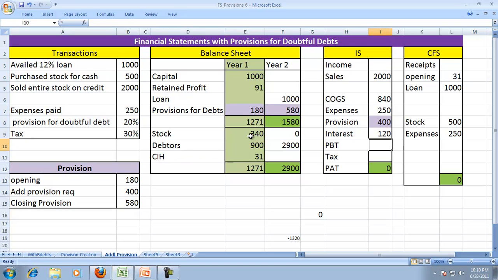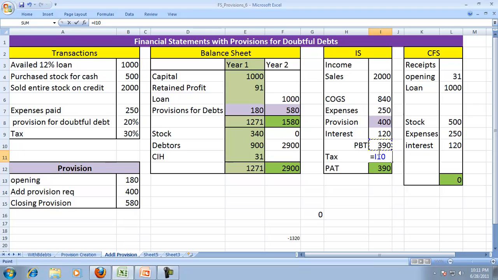So profit before tax is equal to the sales minus 1840 minus 250 minus 400 minus 120. So profit before tax is 390, and let us assume that interest has been paid, so the entire interest is an outflow of cash.